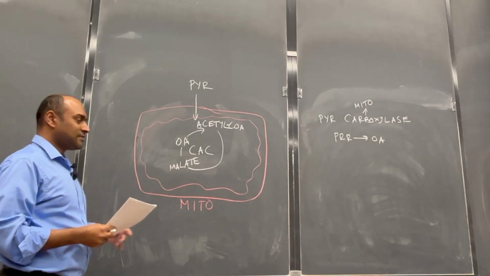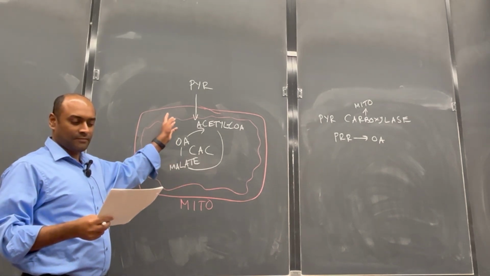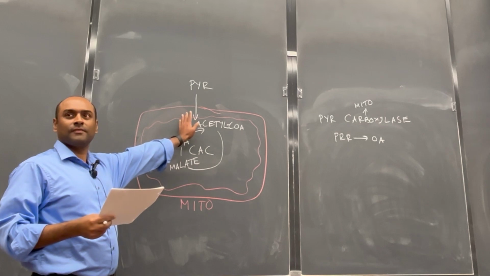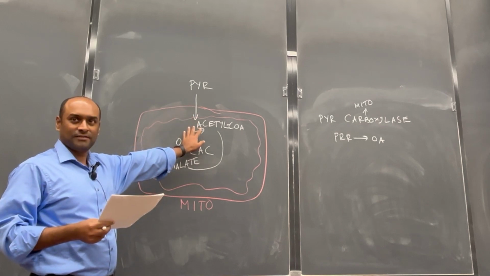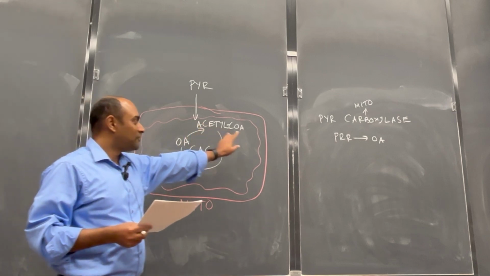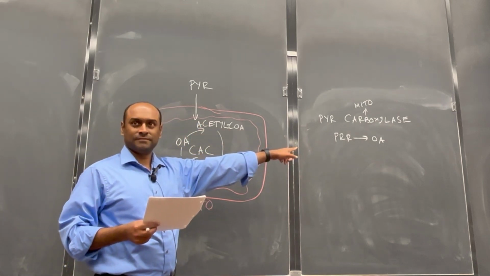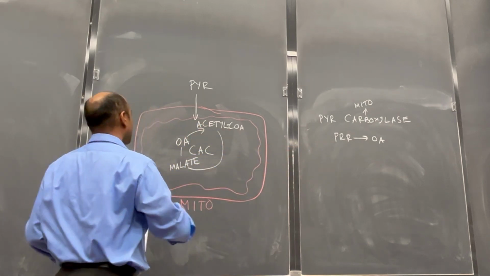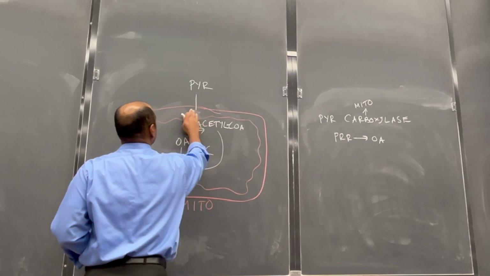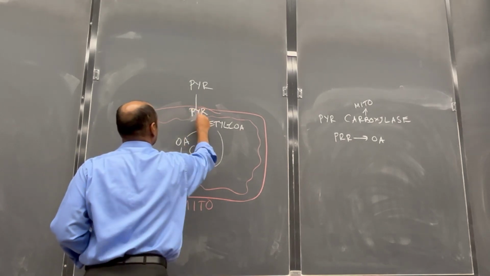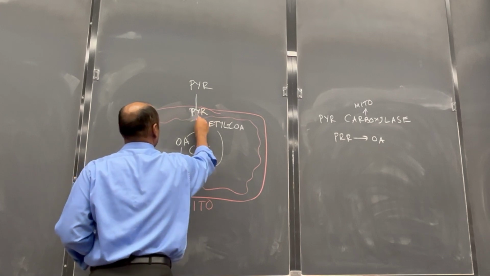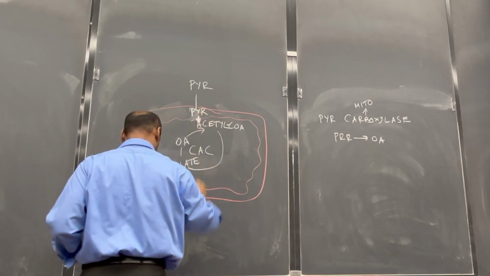So pyruvate has no option other than entering mitochondria to make OA, right? So here, let me do here, pyruvate enters mito, then goes to acetyl CoA. So that's your normal.